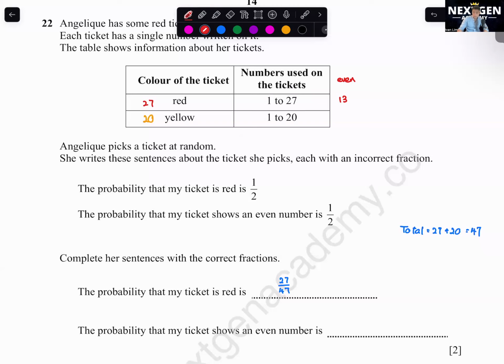So 2, 4, 6, 8, 10, 12, 14, 16, 18, 20. We have 10 even numbers here. So total even is 13 plus 10, which is 23. So this will be 23 over 47.